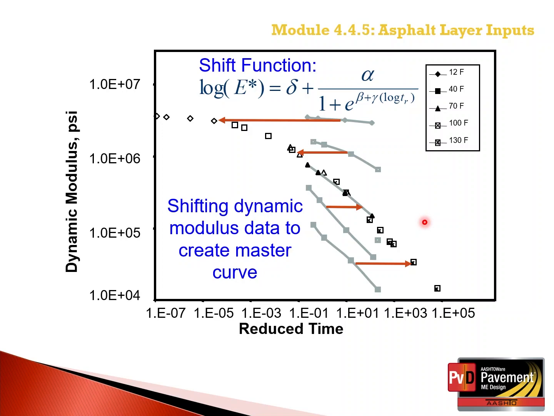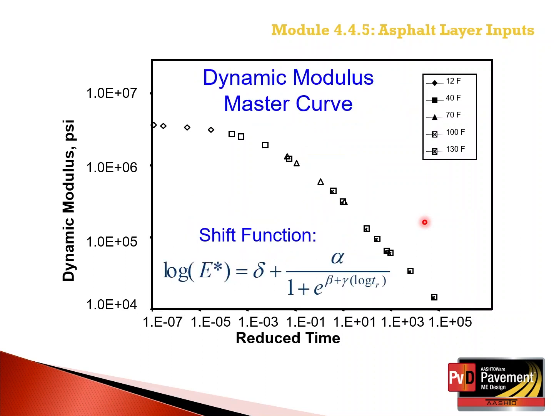One is defined as the 5-parameter shift function, and the other as the 7-parameter shift function. The one shown in this chart is the 5-parameter shift function. The one selected should be consistent with the shift function used during the calibration process itself.